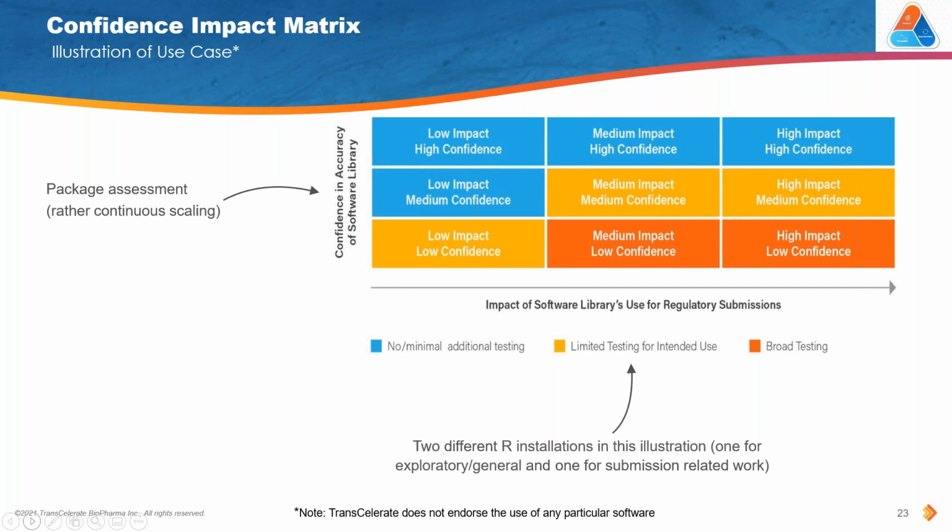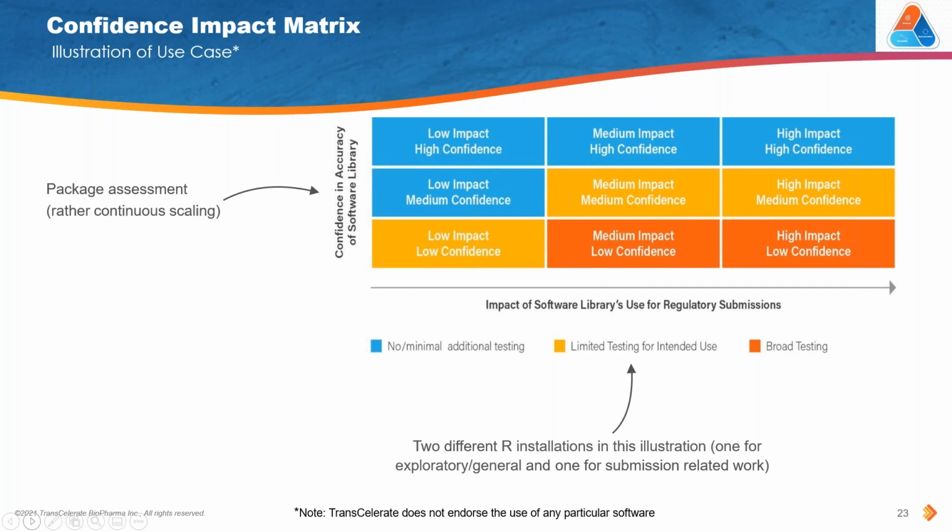Based on the different color coding in this matrix, different actions are being recommended. For example, in the blue tier, when the confidence is high, or when the confidence is medium but impact is low, it could be appropriate to use the software library for regulatory submission use without any testing or with only minimal additional testing beyond what has been provided.